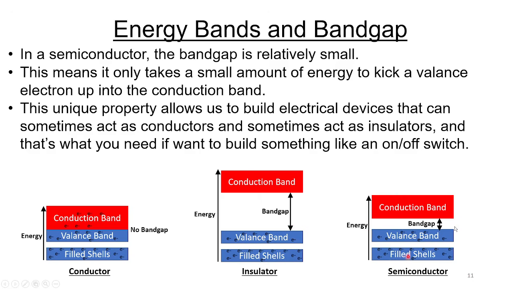Once again, we have filled shells and the valence band, but now the difference in energy between the valence band and the conduction band, there's a little gap here, but it's not very much. It's relatively small, and that's why it's called a semiconductor, because sometimes you can jump across this band and move your valence electrons up into the conduction band.